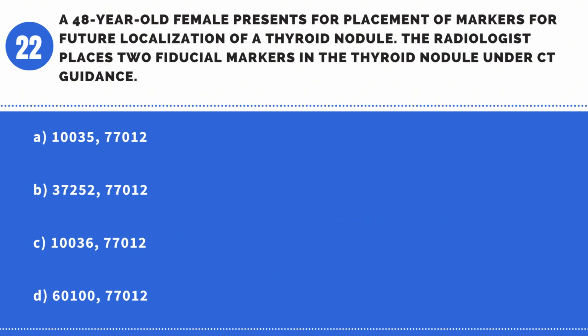Question 22. A 48-year-old female presents for placement of markers for future localization of a thyroid nodule. The radiologist places 2 fiducial markers in the thyroid nodule under CT guidance. A. 10035, 77012.